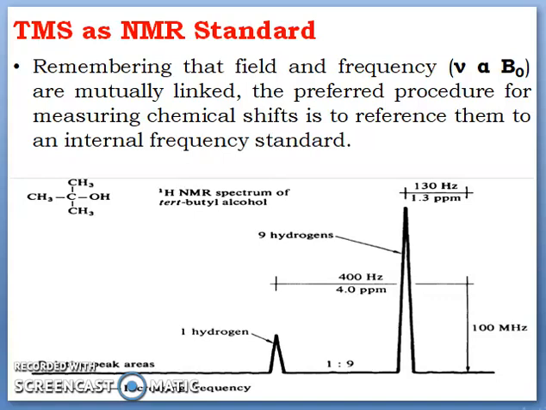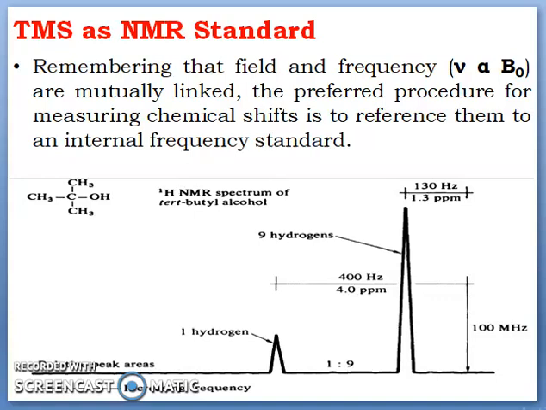To avoid such confusions, we are introducing one standard, namely tetramethylsilane. Tetramethylsilane has some beautiful characteristics which make it usable as an NMR standard, which we will be discussing in our next module.